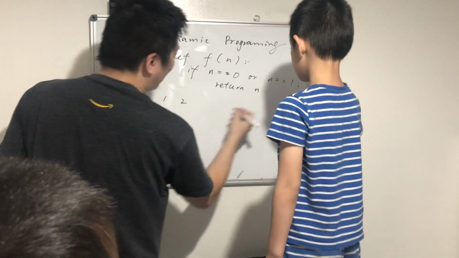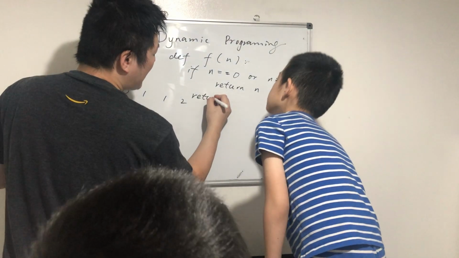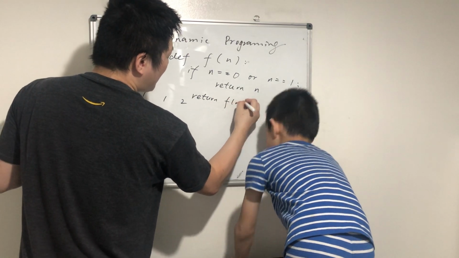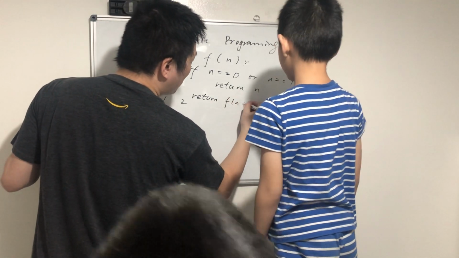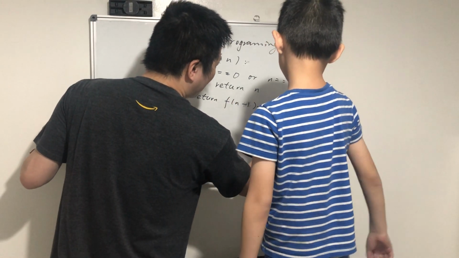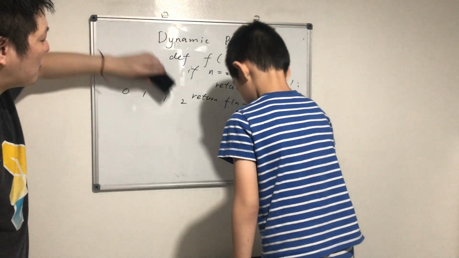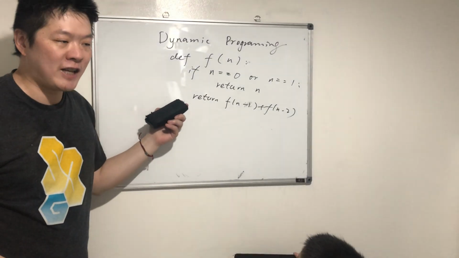So return n. Otherwise return Fn minus 1 plus Fn minus 2. Yeah, so this is recursion.